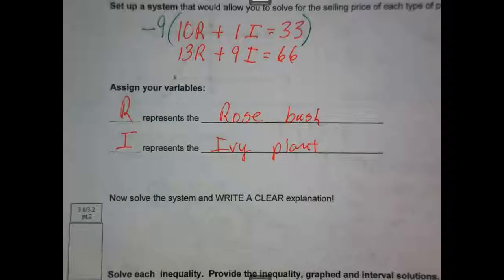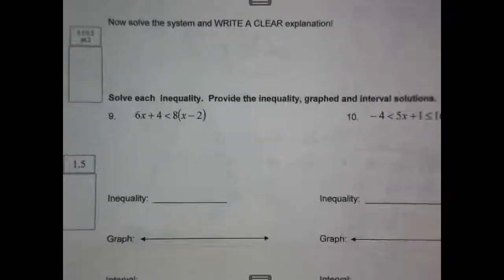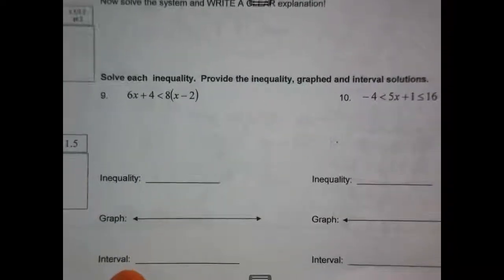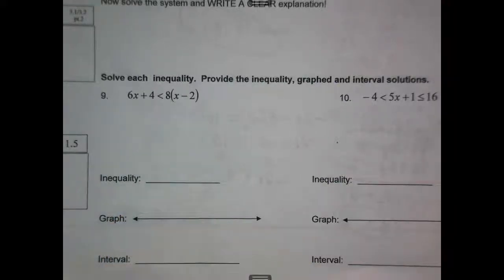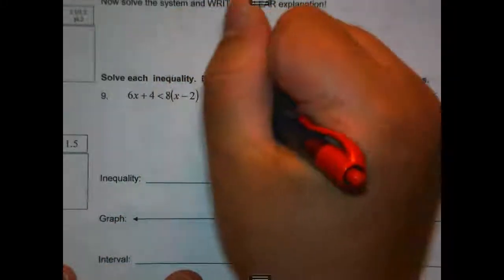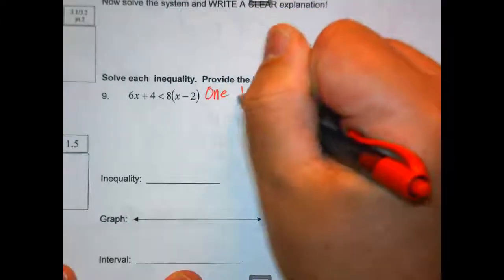Now, I want to make sure that you guys know how to do the inequalities. Okay, so let's move on to 9 and 10 here on the bottom. How many inequalities do I have in this problem? 1. So this is a simple inequality.